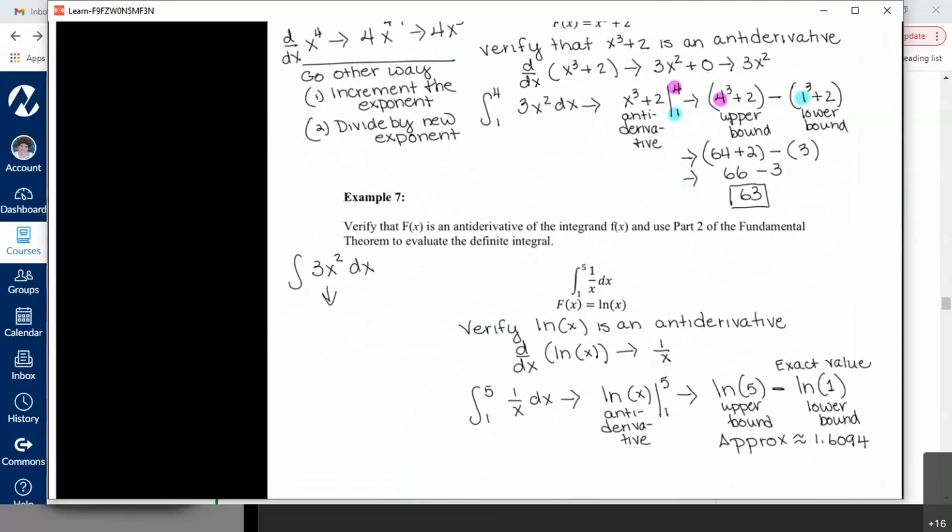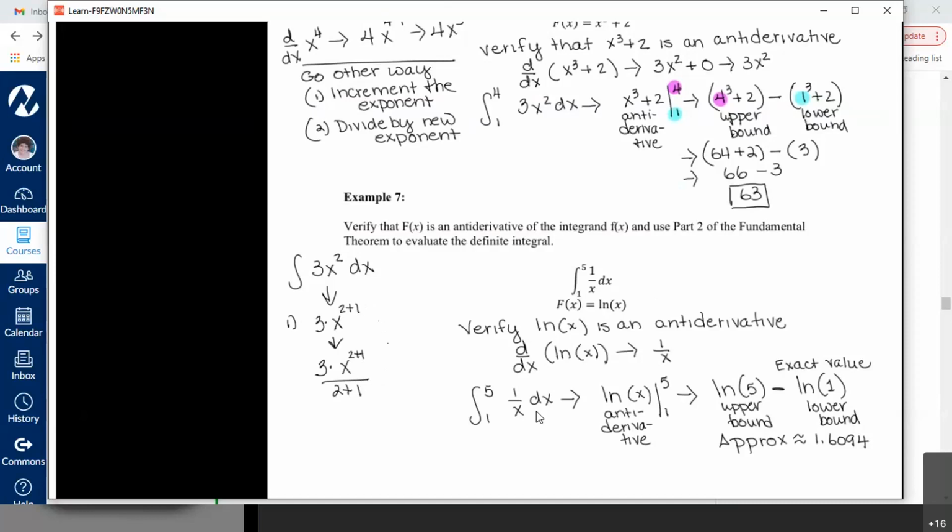Let me use my new process. First thing says add 1 to the exponent, so that's 2 plus 1. The next step says divide by the new exponent, so x to the 2 plus 1 over 2 plus 1. Here's the add 1 to the exponent, here's the divide by the new exponent step.